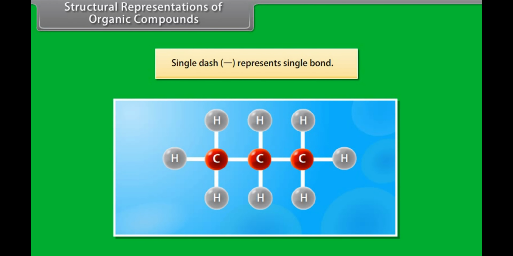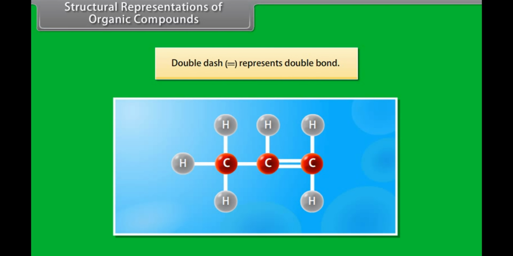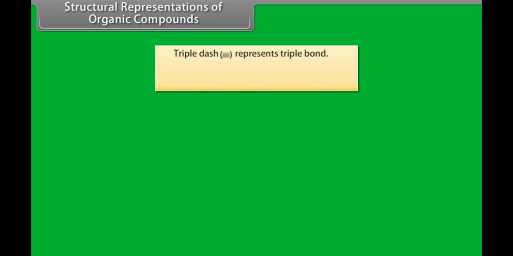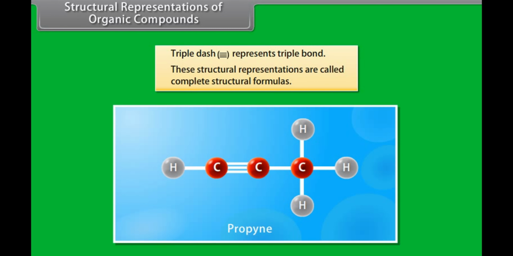A single dash represents a single bond, for example, propane. A double dash represents a double bond, for example, propene. A triple dash represents a triple bond, for example, propyne. These structural representations are called complete structural formulas.